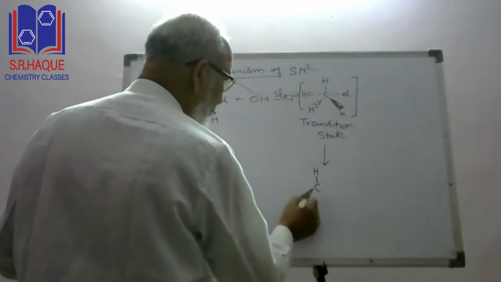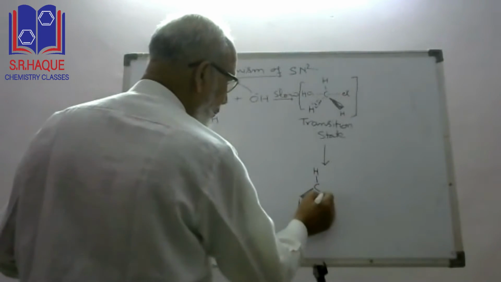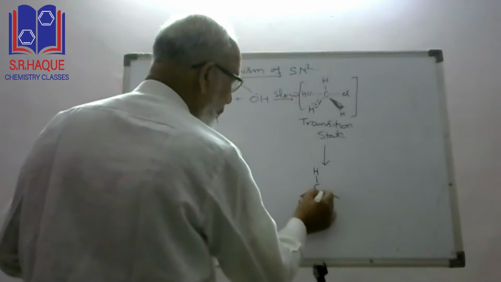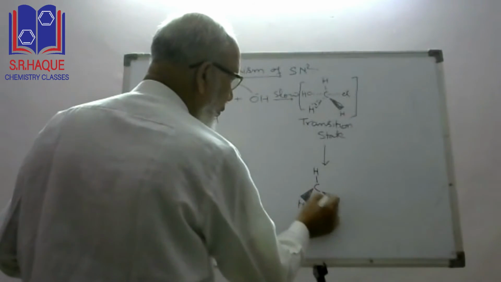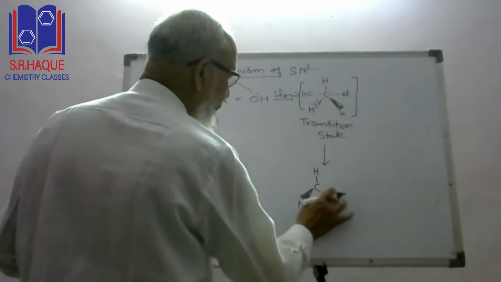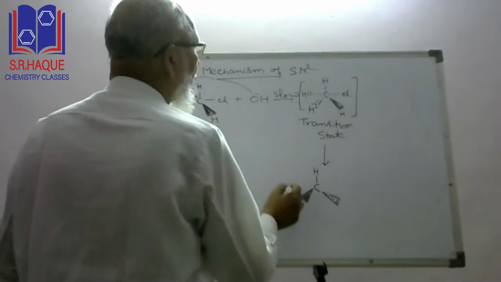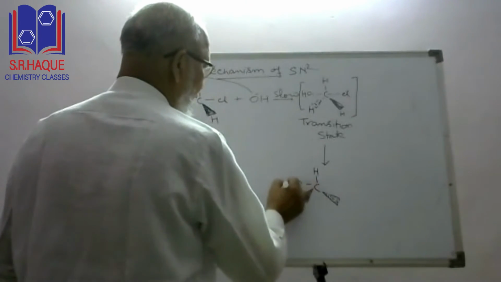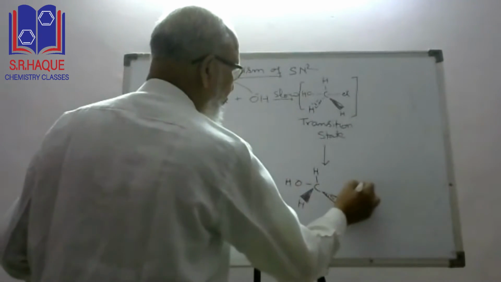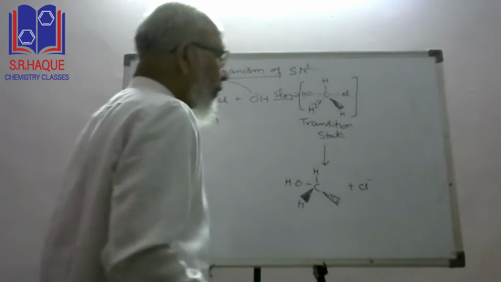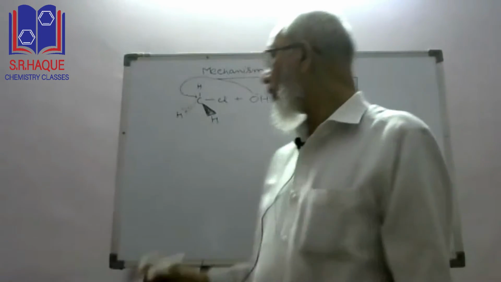This is a bold line. Now OH will be attached on this side. This is your Cl minus.